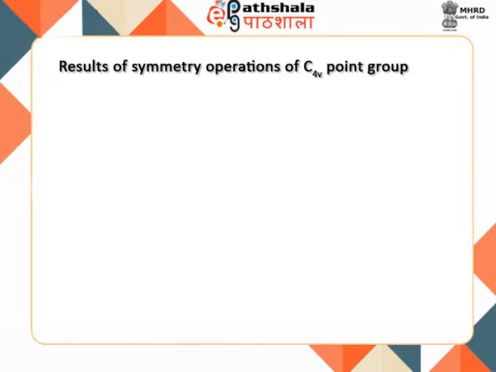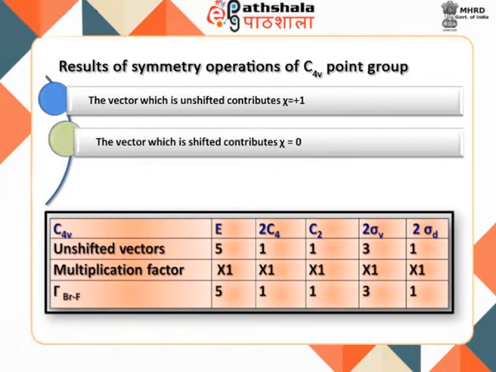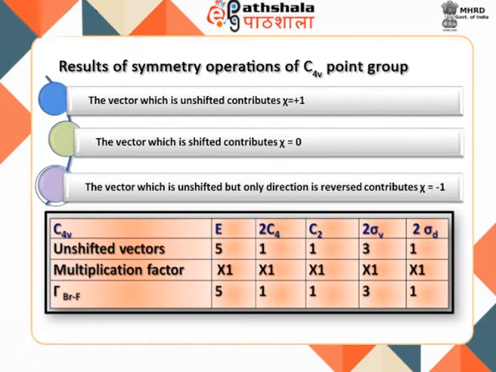Moving on, the results of symmetry operations of the C4V point group on the BrF bond vectors are summarized in the table. The vector which is unshifted contributes character +1. The vector which is shifted contributes character 0. The vector which is unshifted but only its direction is reversed contributes character -1.